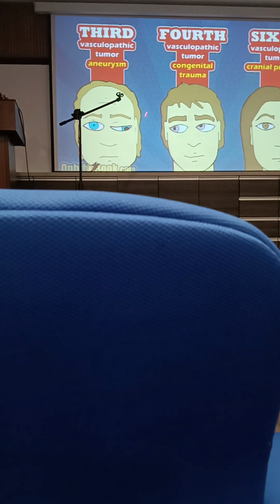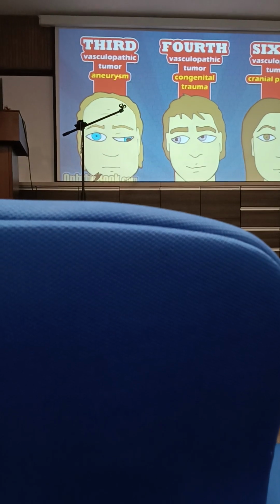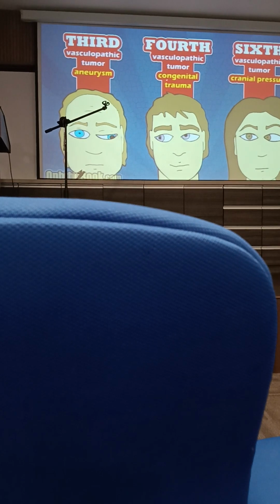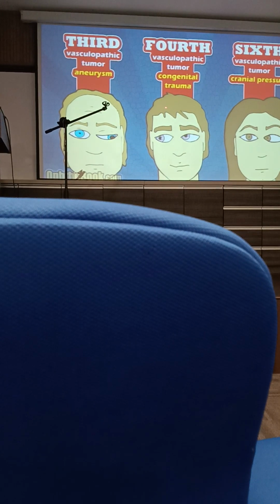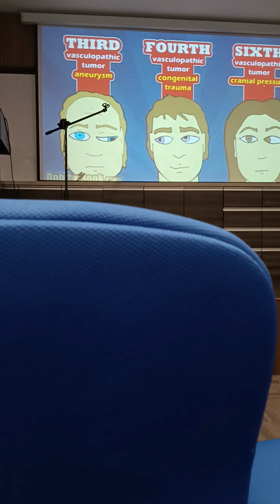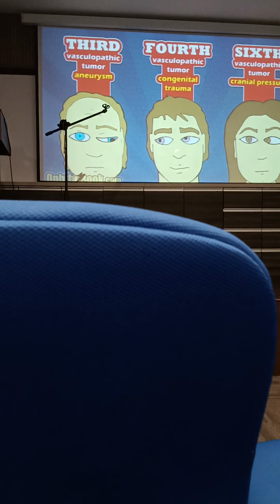So the third nerve is down and out. For example, in vasculopathic causes or tumor, if the patient has an aneurysm. Fourth nerve, for example, if they have congenital causes or trauma. Sixth nerve, for example, if they have high intracranial pressure, here the left side is affected at the primary position.